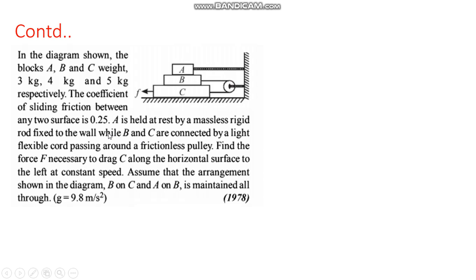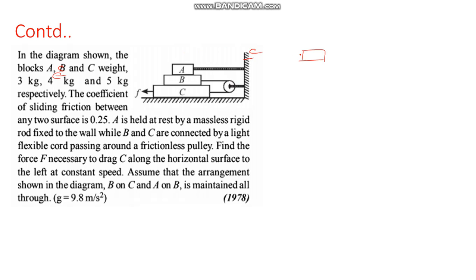So here we have to start drawing. If you draw the free body diagram for the block C, let us start with the block C. How will the diagram look like?